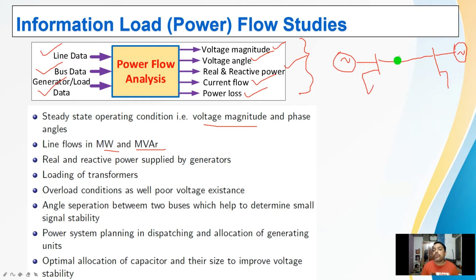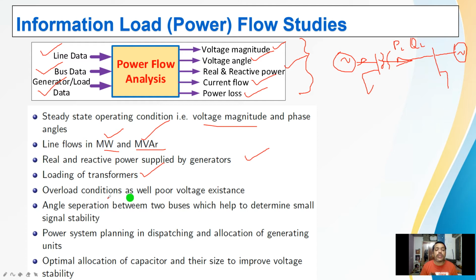So what is the amount of line flow in the direction of power flow? Active power P and reactive power Q through this line, in terms of megawatt and MVAR. Then the real and reactive power supplied by each generator, how much each generator is contributing. Then in between there may be a transformer, so the loading of that transformer is equally important, and we will get that information through the load flow analysis.